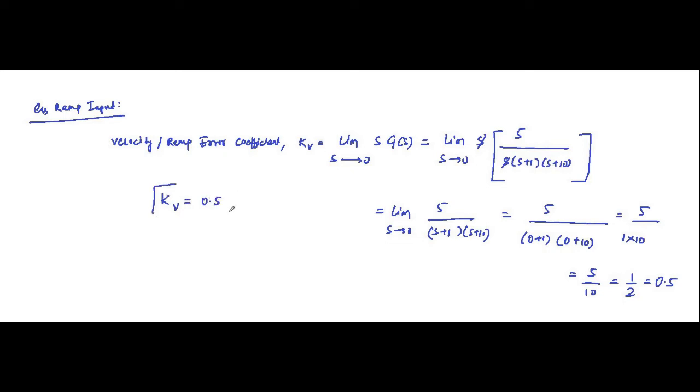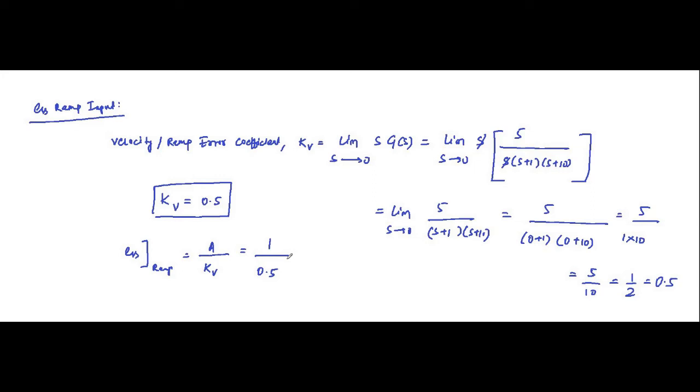Now we know, we have derived in the introductory video, the steady state error due to ramp input is equal to A by Kv. Here it is unit ramp, so the value of A is equal to 1, Kv is 0.5, so that is equal to 2. The steady state error value is equal to 2.